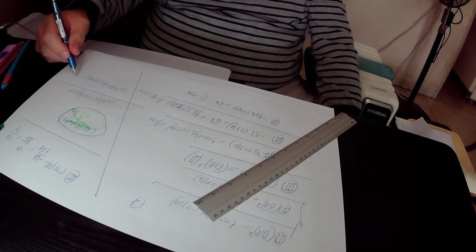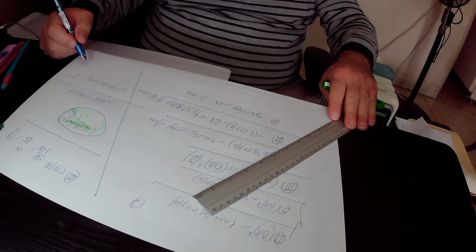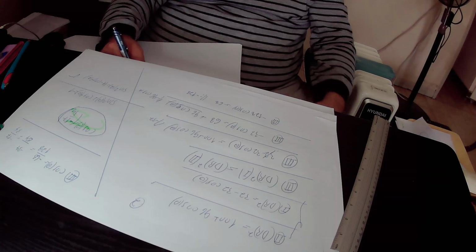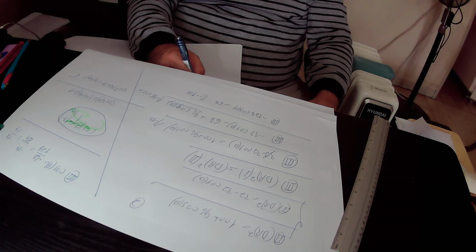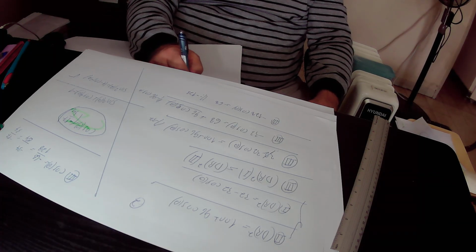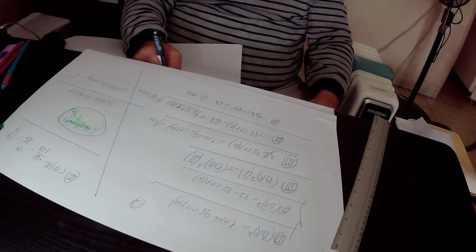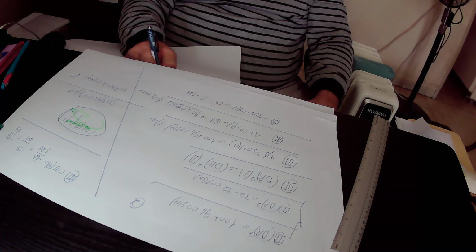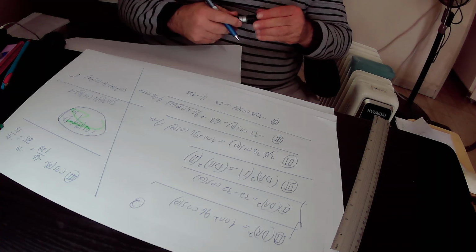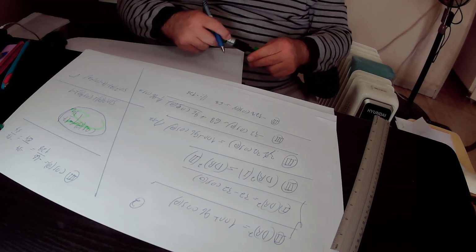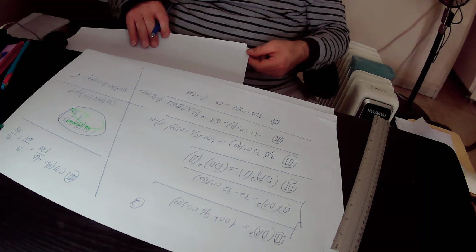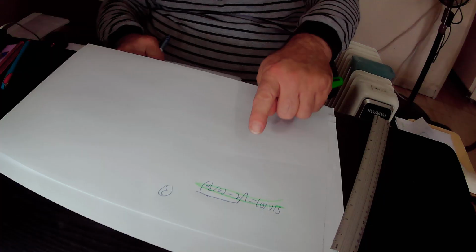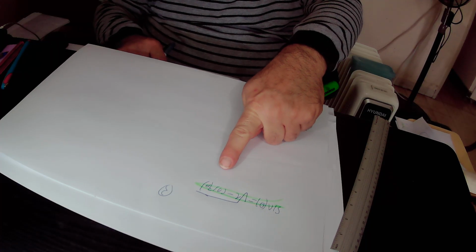So here we take a root out of this equation and finally get that sine theta equals to the square root of 1 minus cosine squared theta.